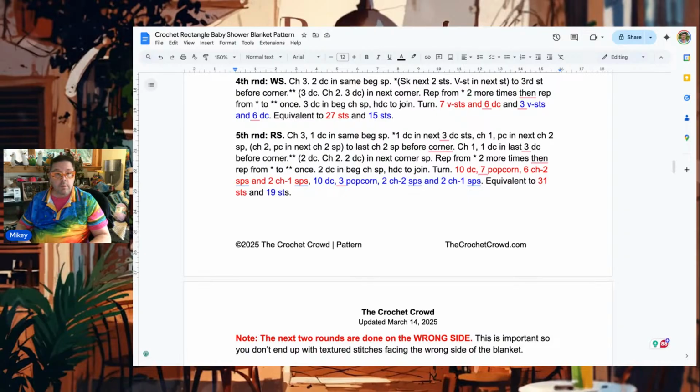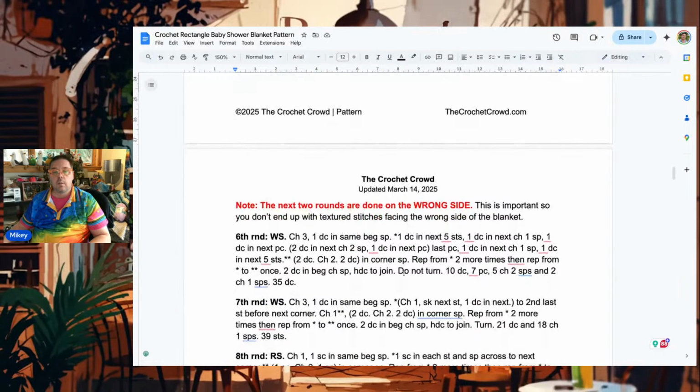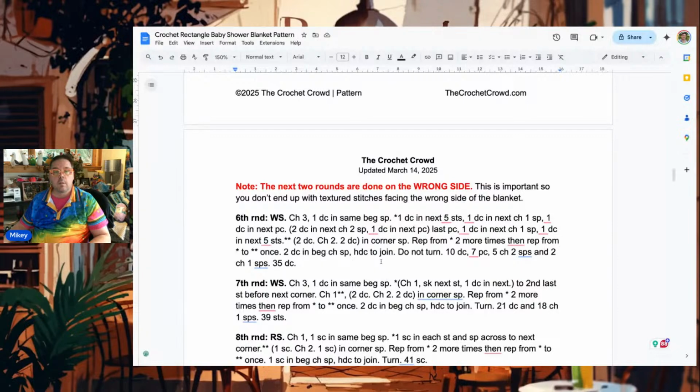The 6th round is what? There is no popcorn in this round.